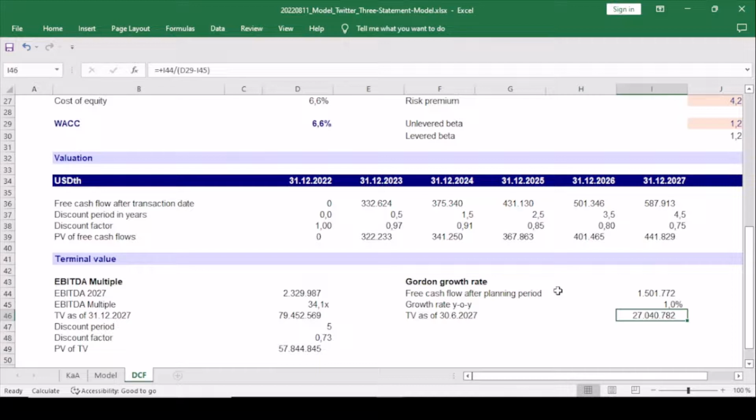In this respect, there is already a discounting period involved, which is why we stick to the discount period calculated in the last planning year, which is then utilized again to calculate our discount factor.